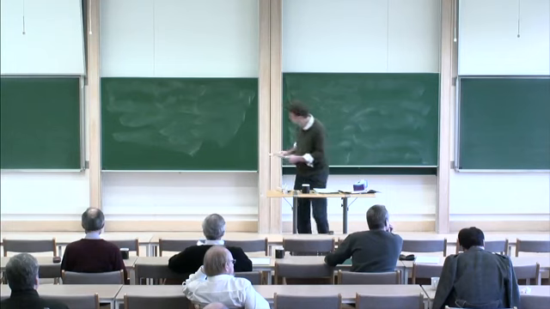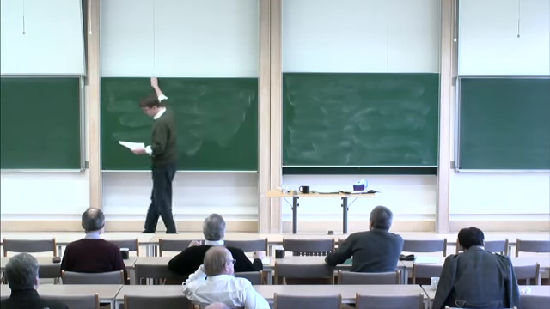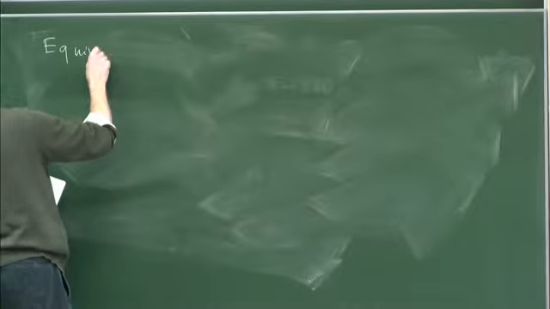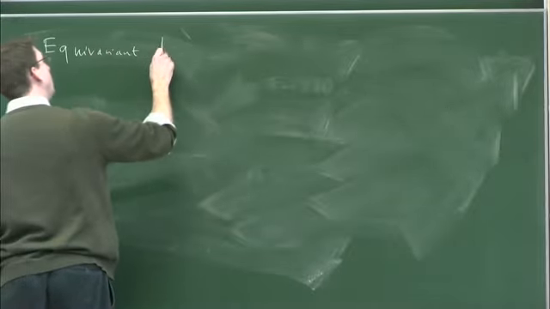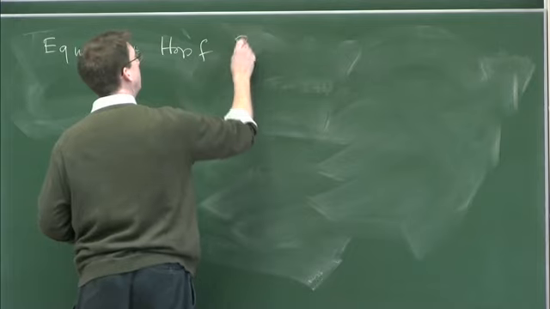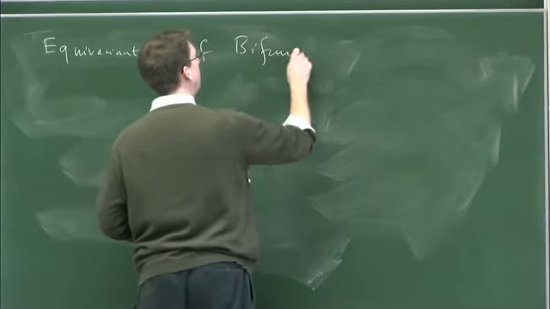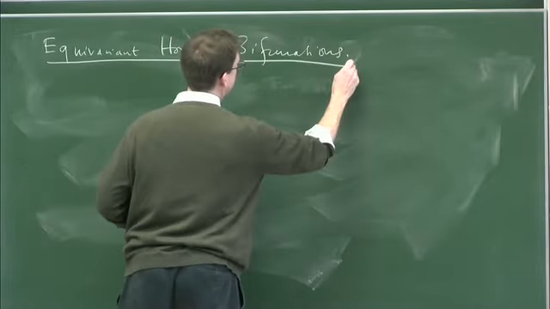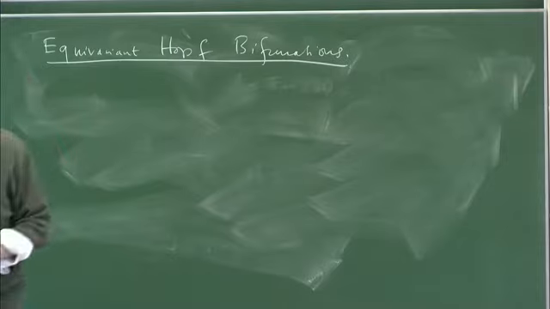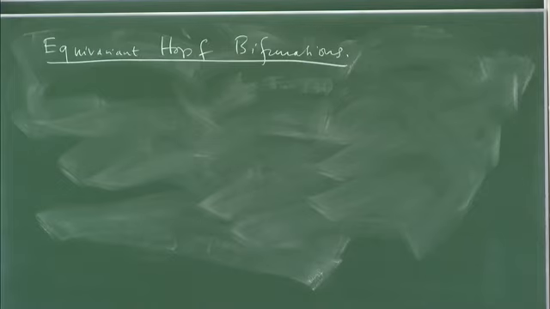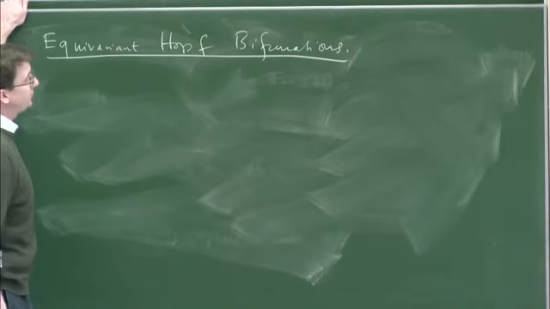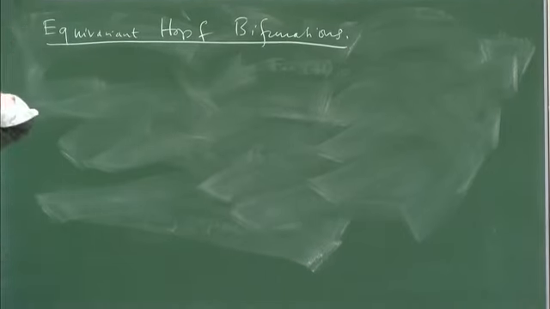So turning now to Hopf bifurcation. We saw last time that there were various ideas of a natural context for bifurcation with symmetry.